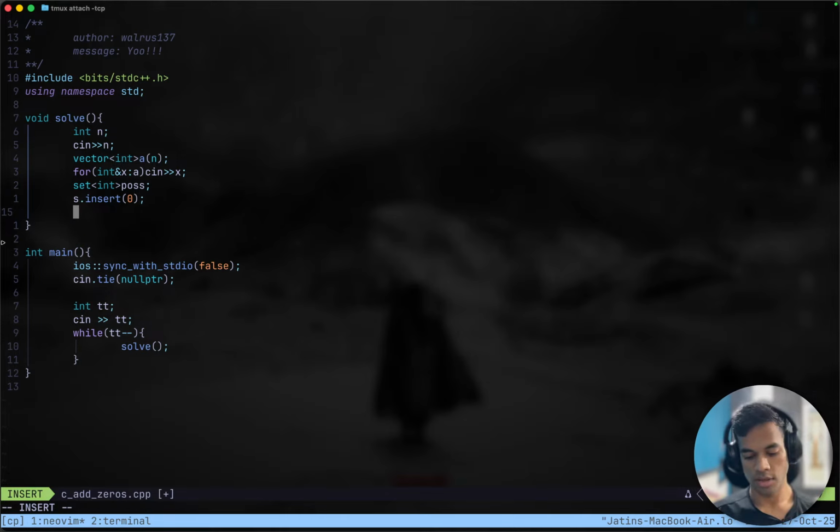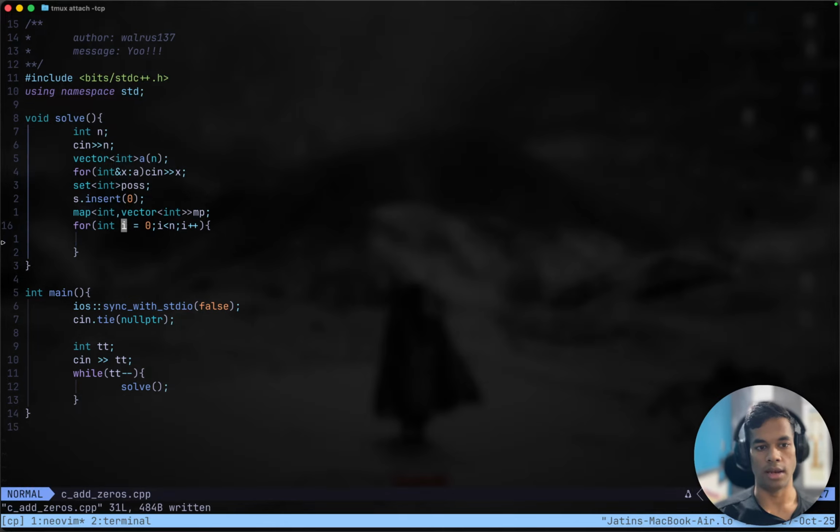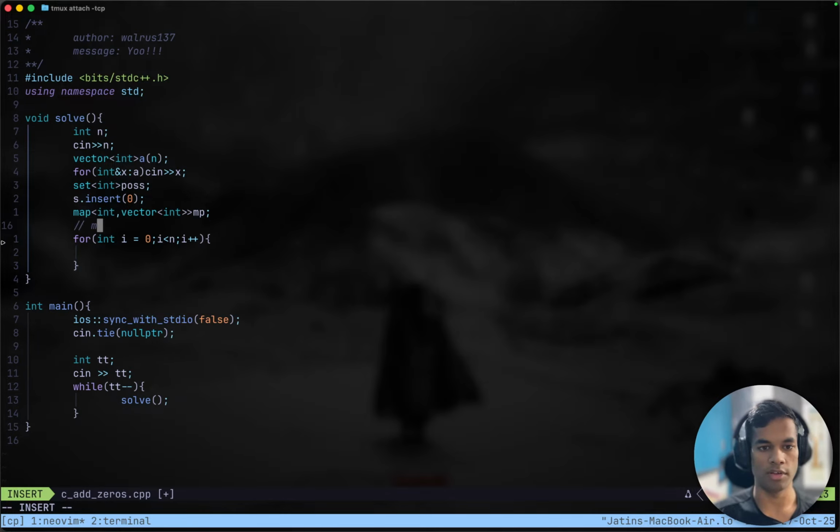And we will now iterate, and we will create a map of integers to a vector of integers. We will call this MP, as in a map, and for I equals 0, I less than n, I plus plus. And now we can write some comments to help us.